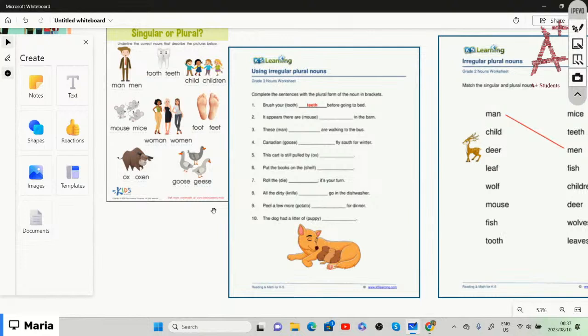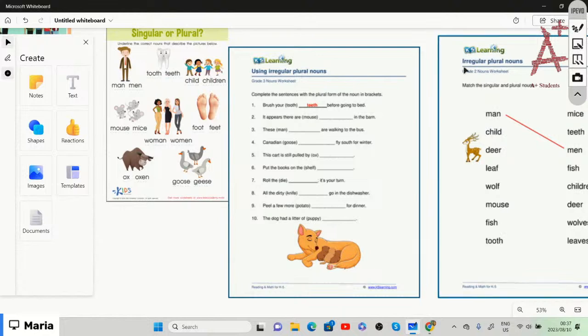Then we have the second one. It appears there are mouse. We need to change that word mouse.